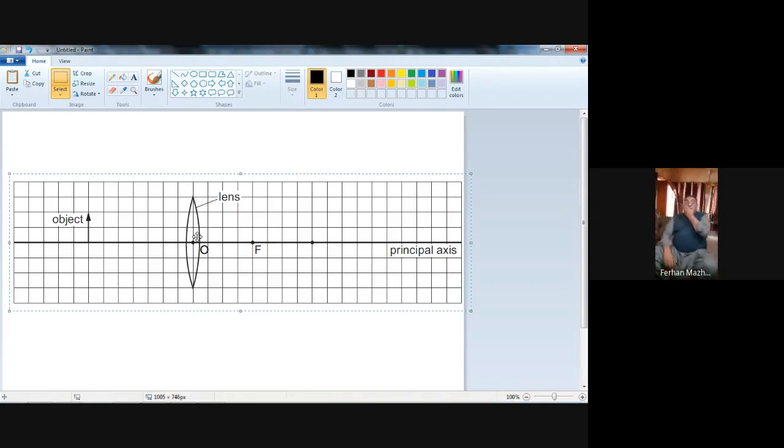Now, if you want to locate the image, we use two rays. These rays start from the head of the object.